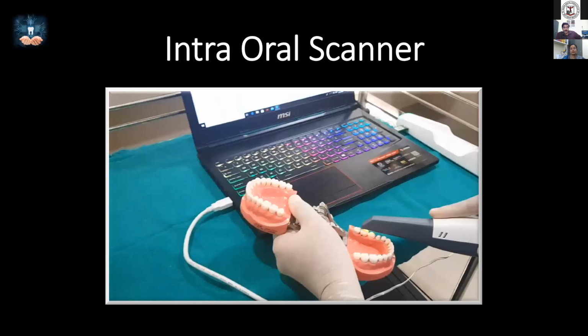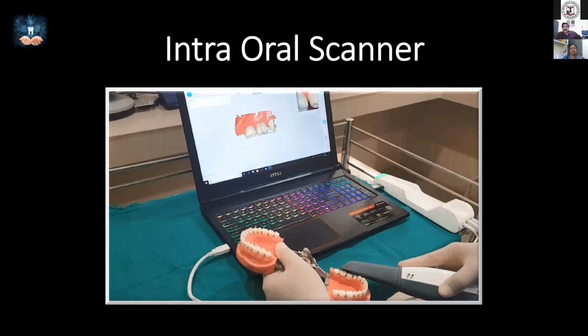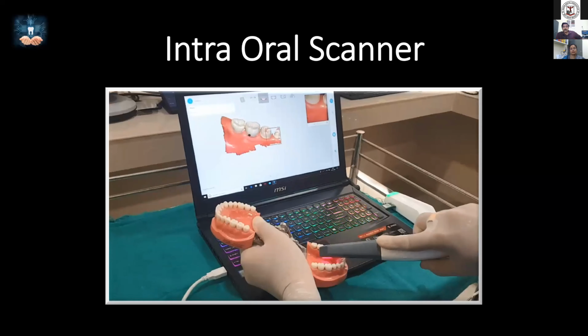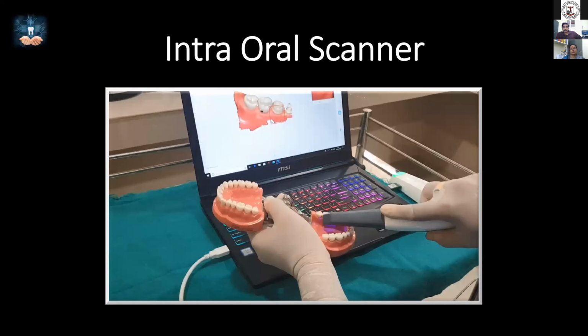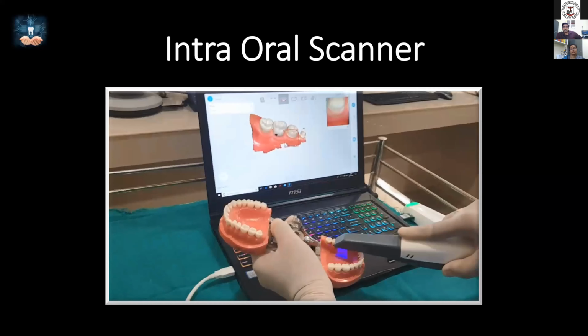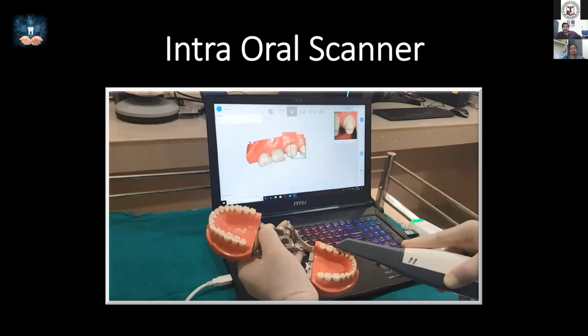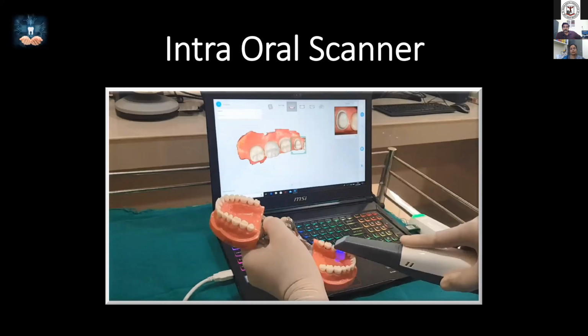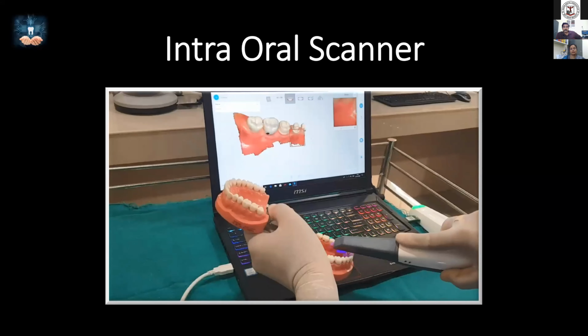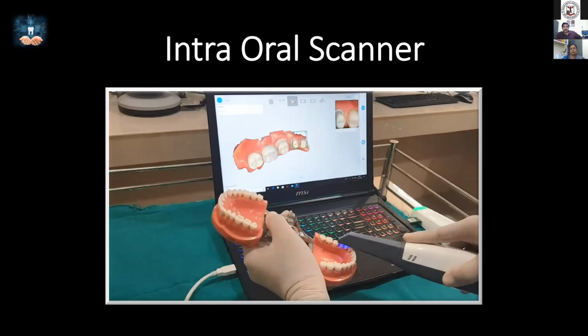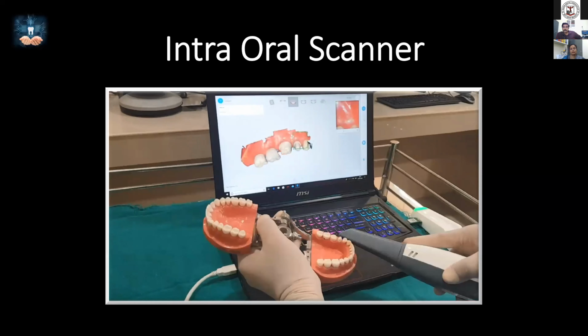And when you scan, care should be taken that the scanner is moved very slowly and it has to be kept close to the teeth. The scanning is in progress.